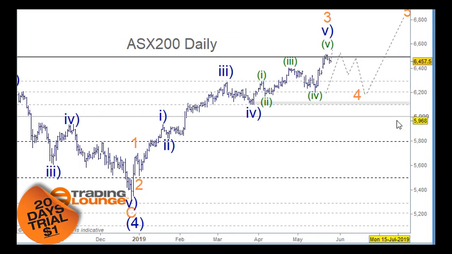So I just don't know if we've finished testing the medium level here, 6,500. But anyway, 1 and 2 here, and then 1 and 2 and 3 and 4 and 5 in here for 3.